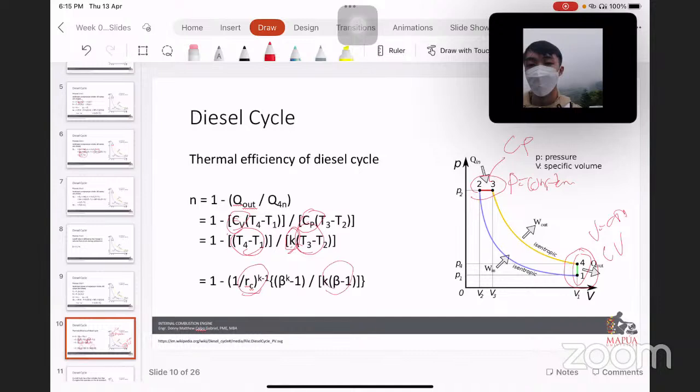Since itong 2 to 3 is your cut-off ratio. Ayun siya, cut-off ratio. Para makuha yung ano naman, since yung 4 is equal to 1, saka yung 2, meron kang compression ratio.